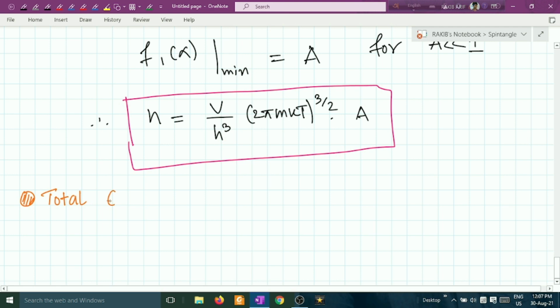Total energy in our case, what will be this? Just try to remember this thing. What is our total energy? How to write this total energy?